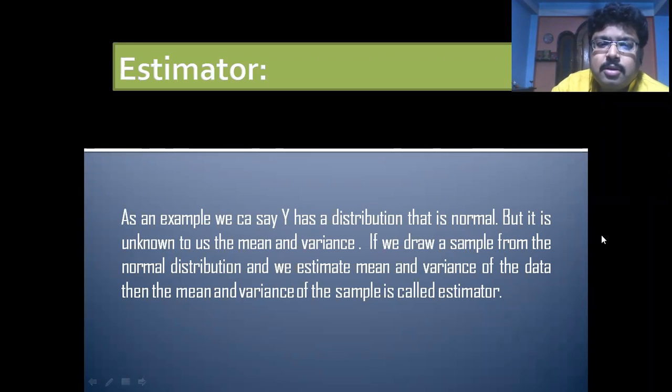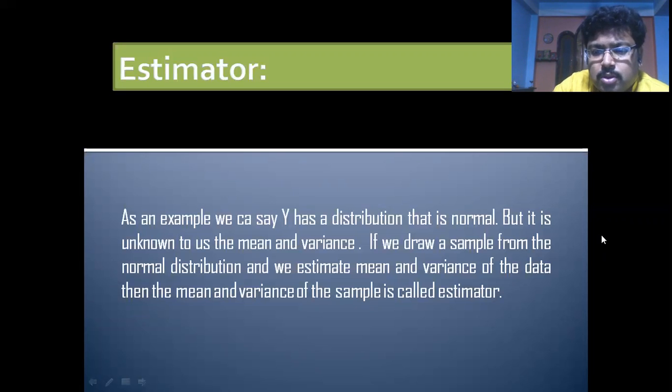For example, you can take an example. There is a population, and the population has a mean and variance, and it is unknown to us.